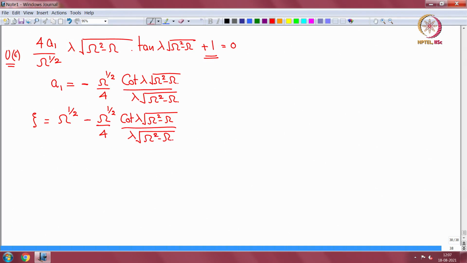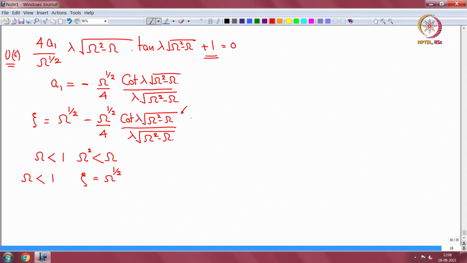Now if omega is less than 1, then omega square is less than omega. So we have to get into cot hyperbolic. Okay, so for omega less than 1, take my answer. Xi looks like omega to the power half, with a change of sign.